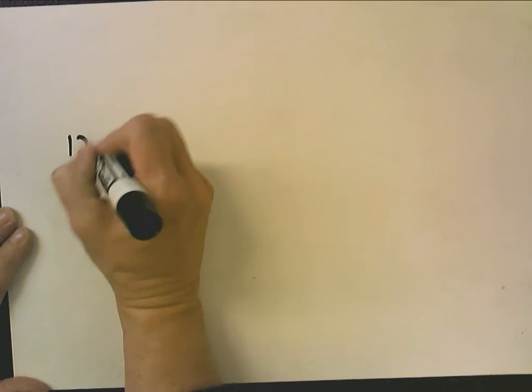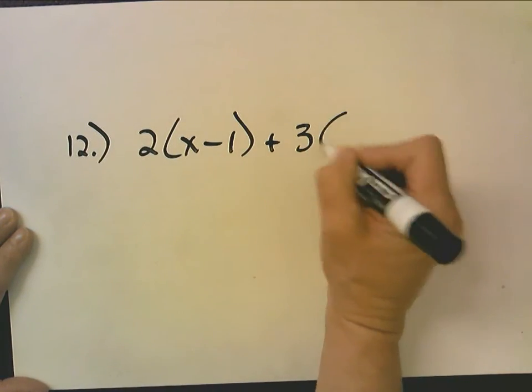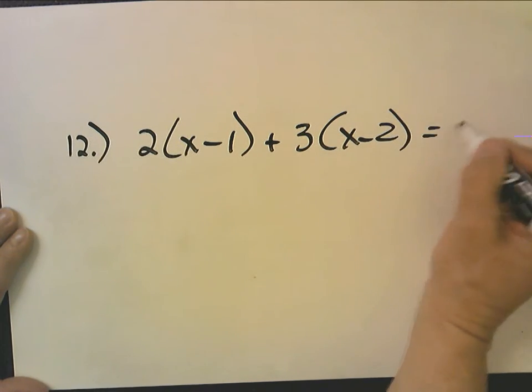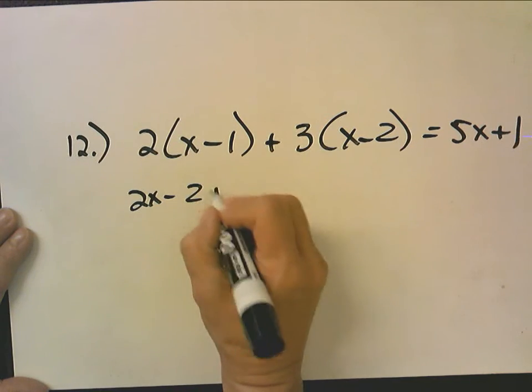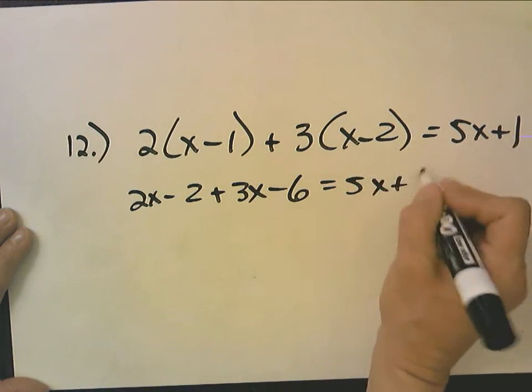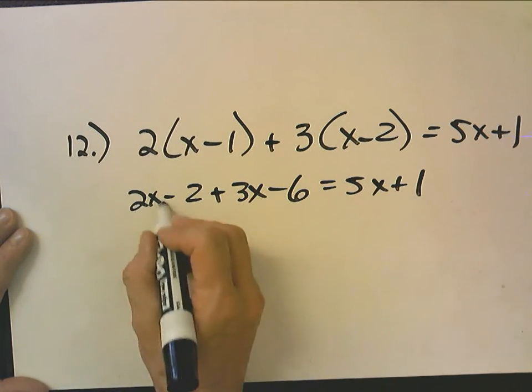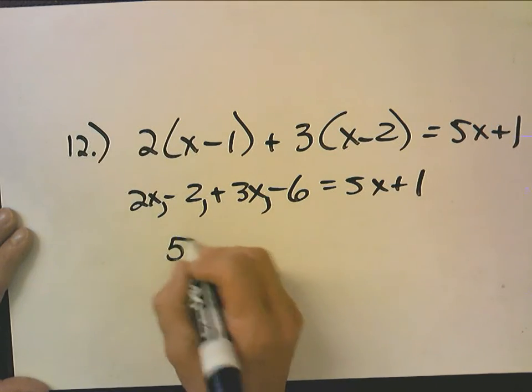Now, let's look at number 12. I distribute everything. And then I combine like terms. 2x and 3x is 5x.